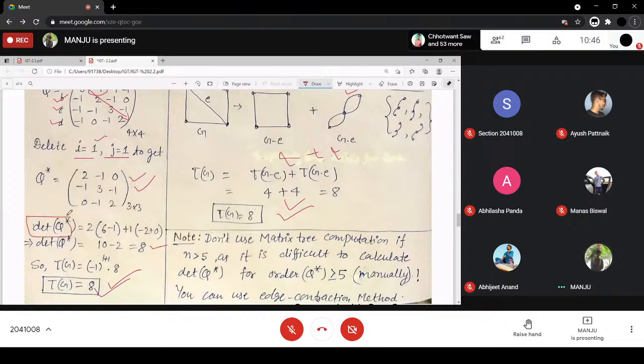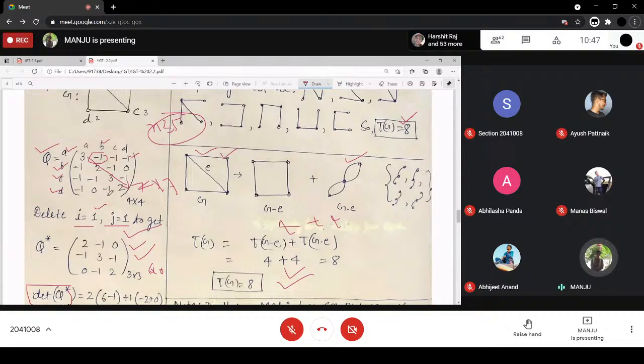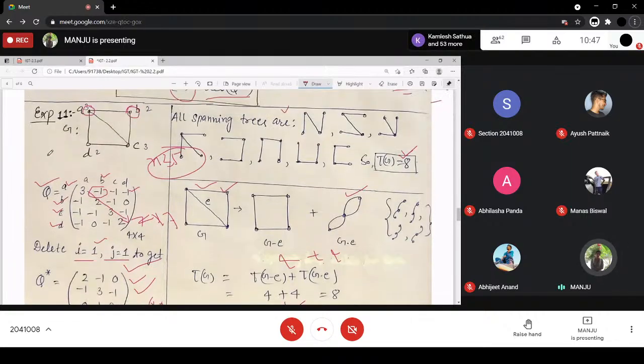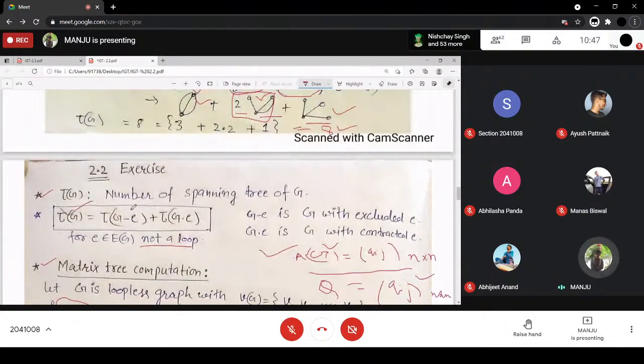If it is 7 by 7, then what will happen in Q star? This will be 6 by 6, right? So now you need to find the determinant of a 6 by 6 matrix. That will be very time taking. So for 6 or more vertices, you can always try the edge contraction method or the recurrence method. Clear?